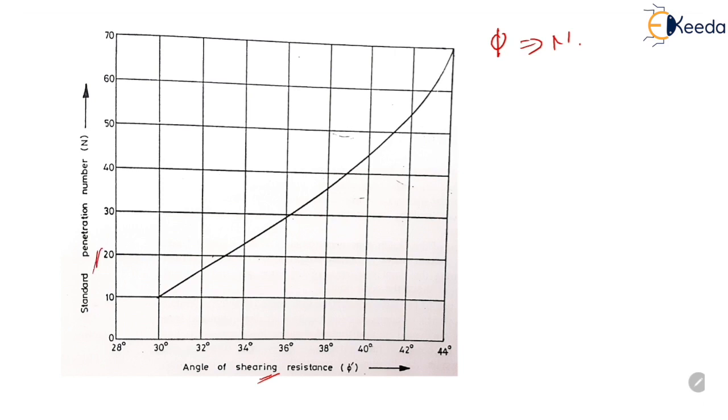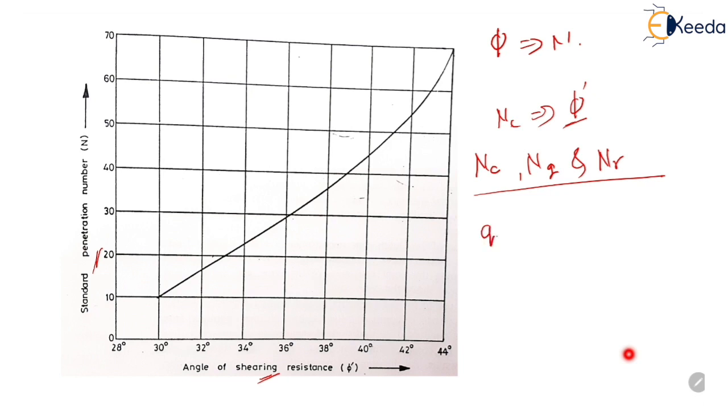From this chart, once we obtain the corrected N value, we can determine the value of phi dash, and then this phi dash value is used to determine the bearing capacity factors Nc, Nq and N gamma. Using these bearing capacity factors we can determine the value of ultimate bearing capacity of the soil.